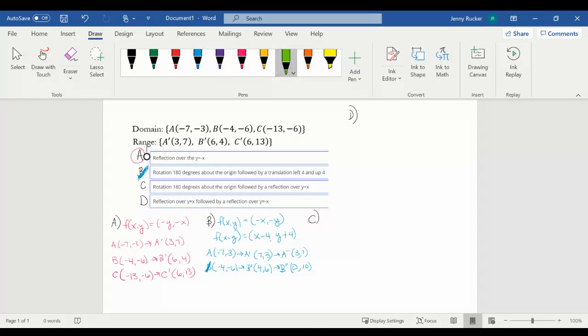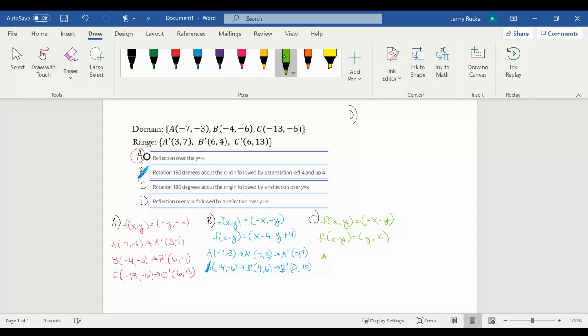Let's look at choice C. Rotate 180 degrees and then reflect over y equals x. So building off of what we just did in choice B, we have our rule f of (x, y) equals (opposite of x, opposite of y). And then we're going to reflect over y equals x, which is f of (x, y) equals (y, x).